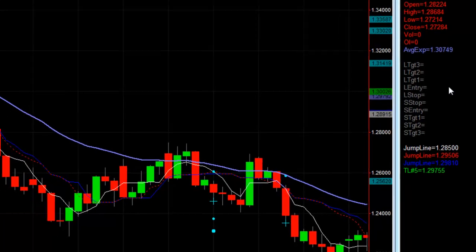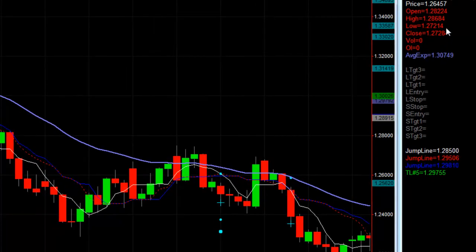Okay, as far as the extra digit goes, that's a fractional pip, the 5th digit. The way I typically use that is that I will round it a little bit further away. So if the entry is a fractional pip, I'll round it down a little further. If the stop is at a fractional pip, I'll round it a little further away just to give it a tiny bit more room.